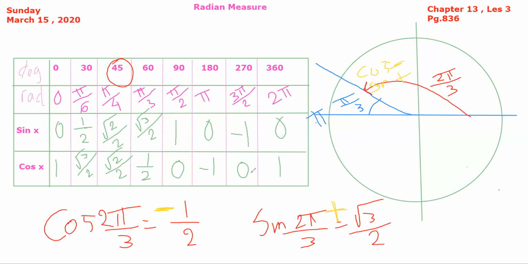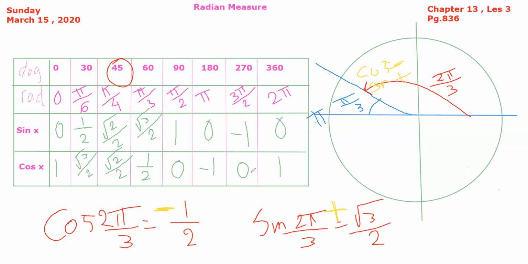Okay, so this is a way to find exact values of sine and cosine of any radian angle. I will use this circle with this given table to find any cosine and sine of any radian measure without using a calculator.